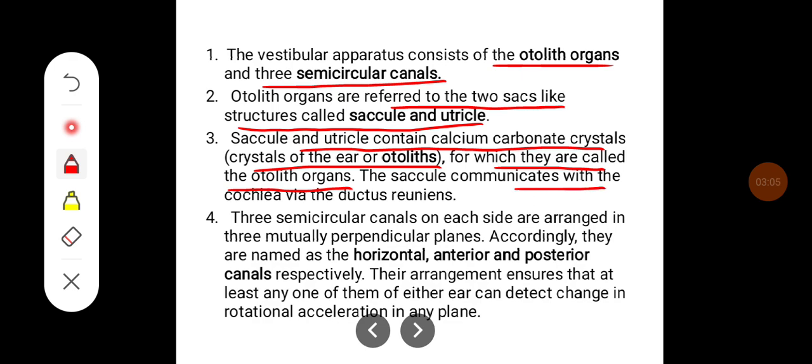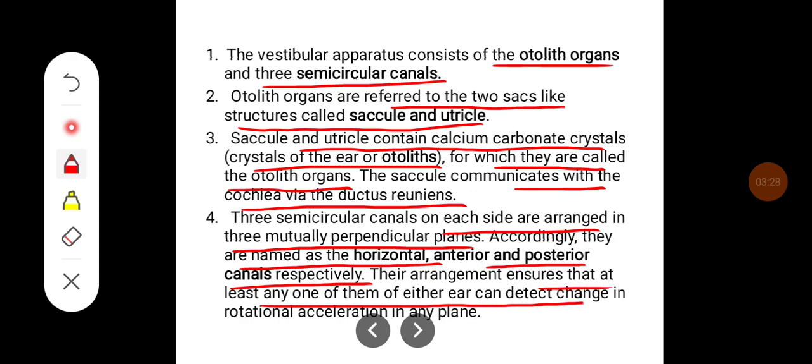Saccule communicates with the cochlea via ductus reuniens. Three semicircular canals on each side are arranged in three mutually perpendicular planes. Accordingly, they are named as horizontal, anterior, and posterior canals respectively. Their arrangement ensures that at least one of them, of either ear, can detect change in rotational acceleration in any plane.